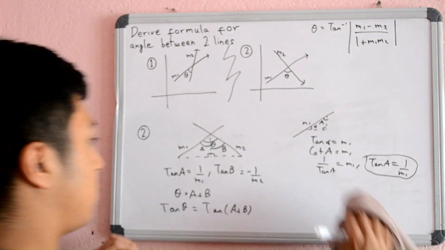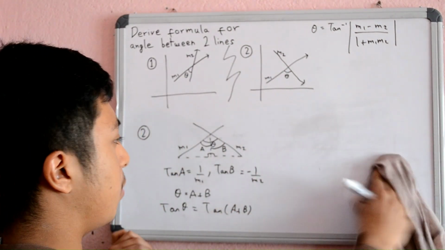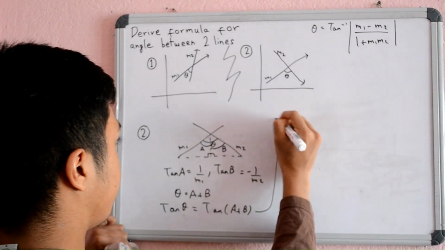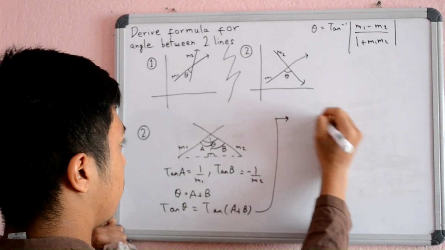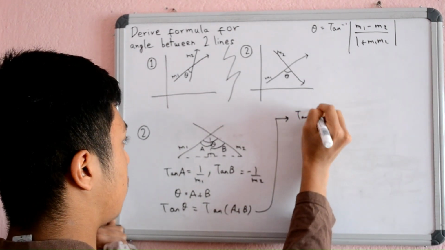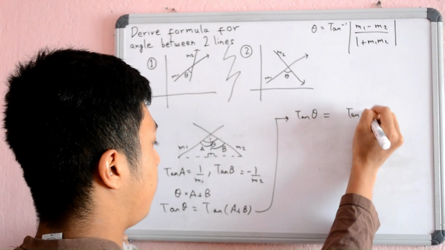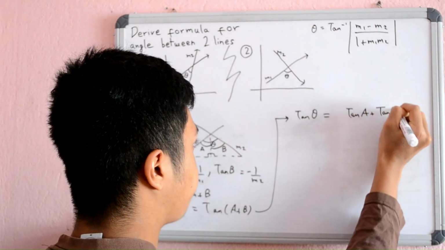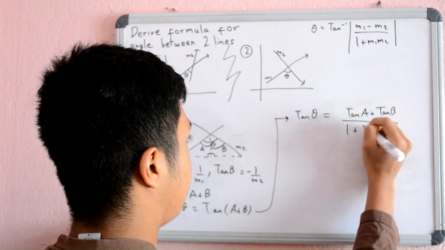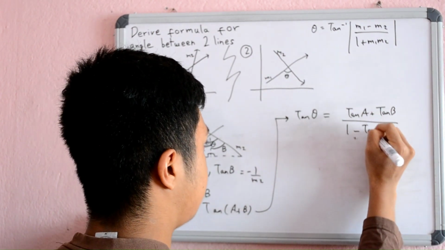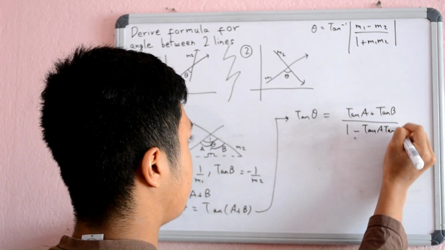Now simply write the formula for tan(A plus B). So tan theta equals modulus of (tan A plus tan B) by (1 minus tan A tan B).